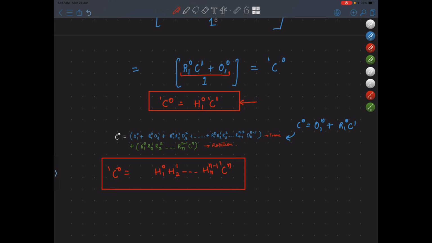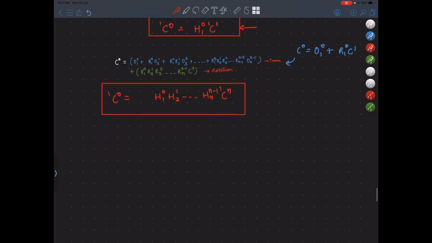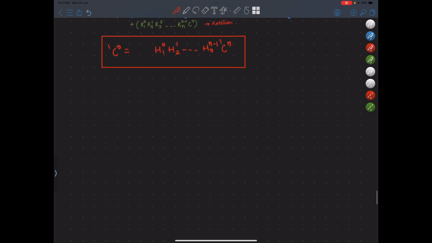Now we did it in 1 and 0 coordinates. Let's try to do it in general frames. So if we have general frame numbers, how will we do it? I'll quickly do it and we'll then end the lecture.